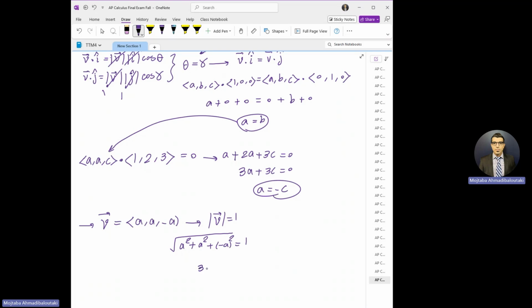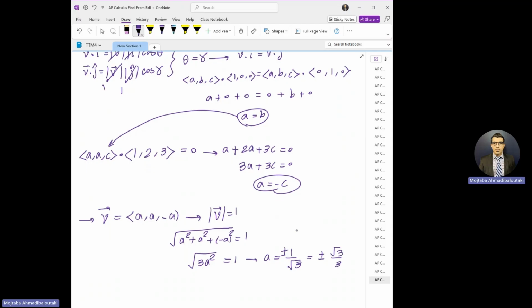So this is 3a squared, right, equals 1. And from here we can find our a, which is 1 over the square root of 3, either minus or plus. You can also rationalize this. So minus plus the square root of 3 over 3.